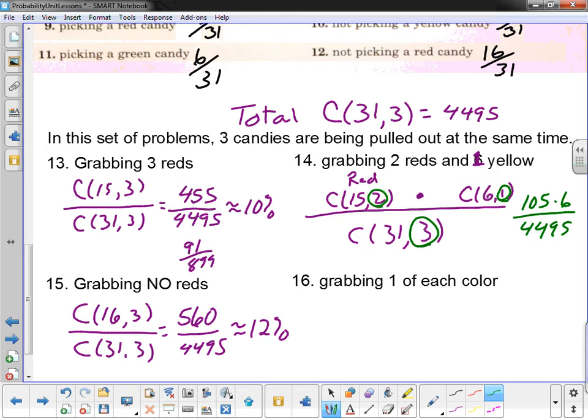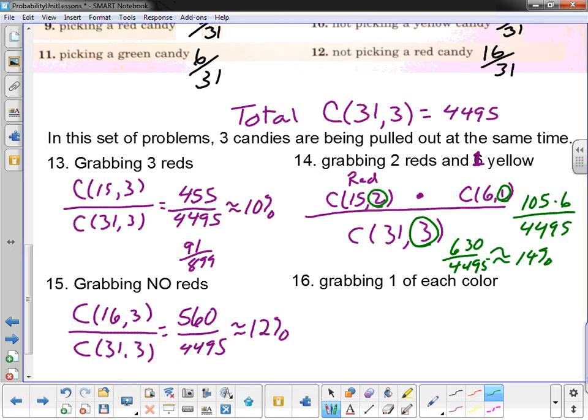So we have 630 over 4,495. That's about 14%. We have a higher chance of getting 2 reds and a yellow than we do of getting no reds or all reds.